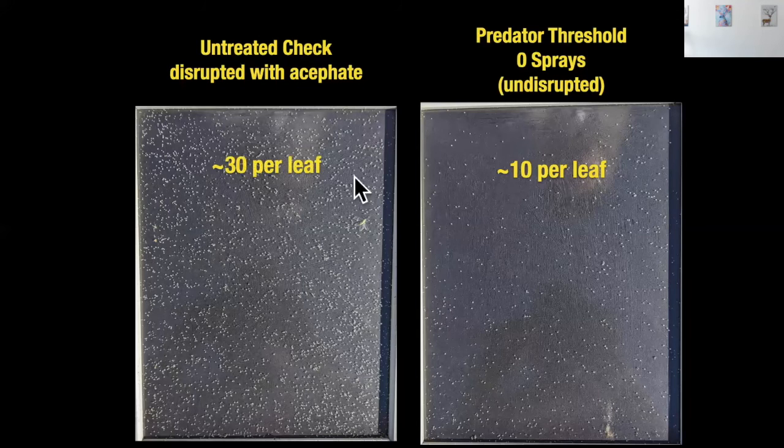So to the left, you have an untreated check that got disrupted with acephate, and you can see lots of whiteflies. And to the right, you had another treatment that followed the predator threshold. There are no sprays, and you can see clear differences between these two treatments. So 12 rows by 40 feet is also a large enough plot for whitefly research.